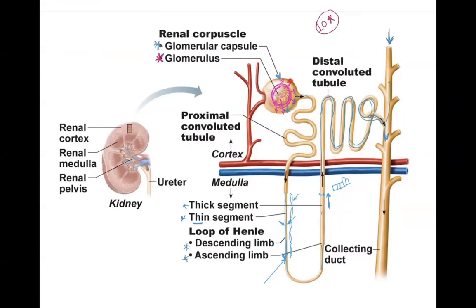We've got first the Bowman's capsule, proximal convoluted tubules, loop of Henle, distal convoluted tubules, and finally collecting ducts. The artery bringing the blood in, this is my afferent arteriole. Getting the blood out from the glomerulus, this is my efferent arteriole.